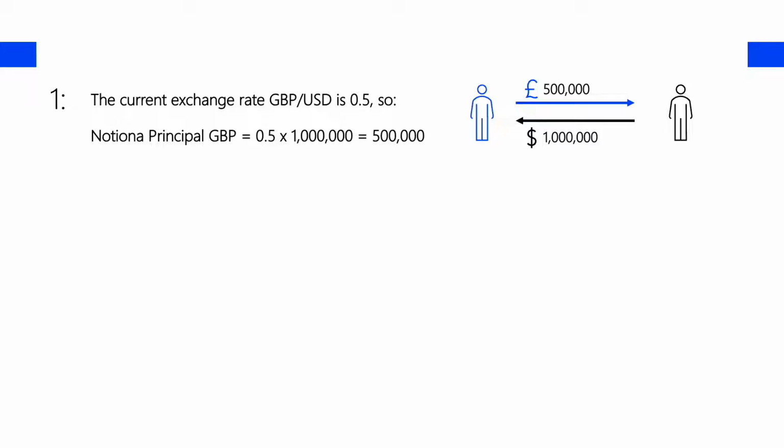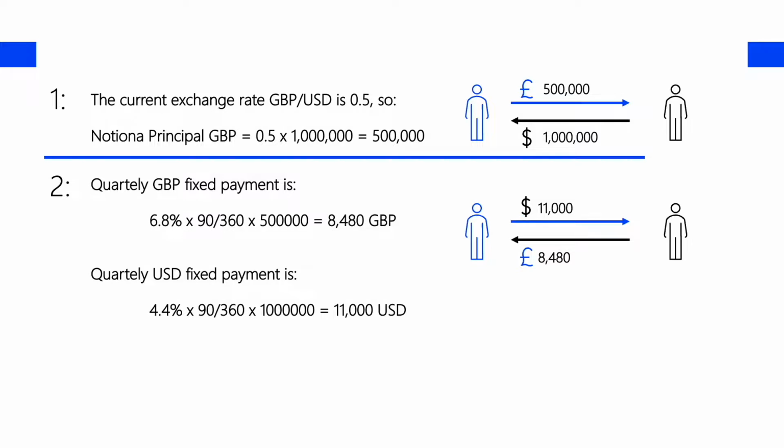Now we have all the tools we need. We have the notional principals, and we have the fixed rates. Put those two together and we'll be able to calculate the payments. So our quarterly GBP fixed payment: we know the notional principal, it's 0.5 million. We know that GBP fixed rate, we calculated it as 6.8%.